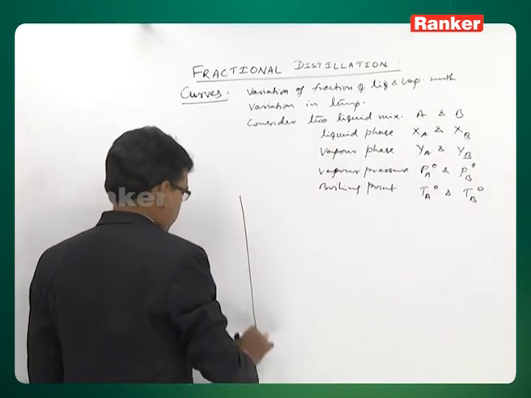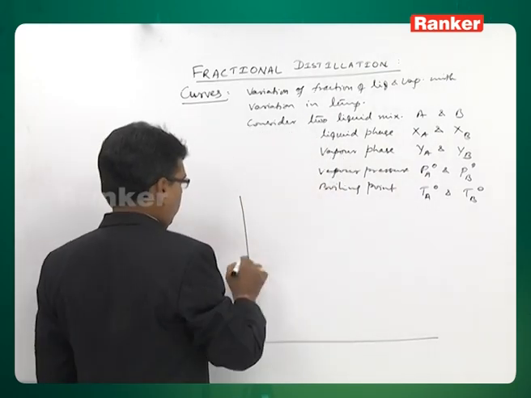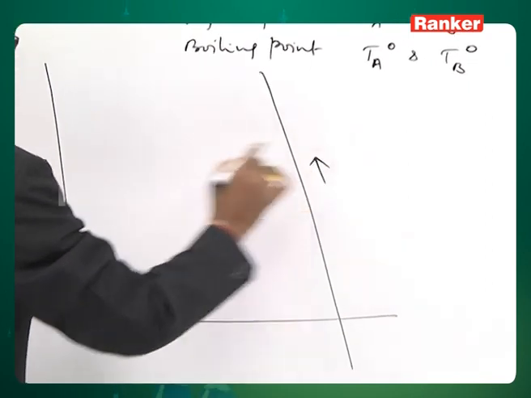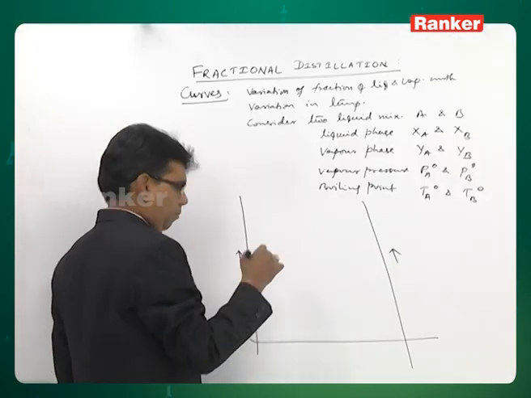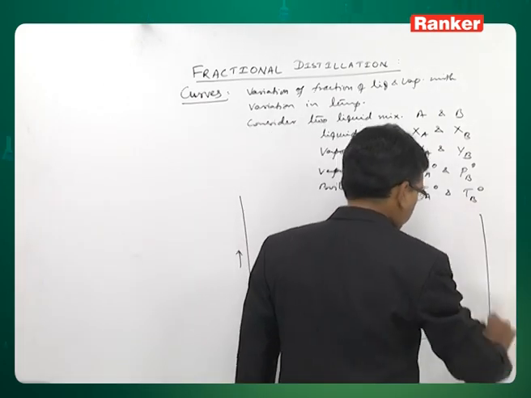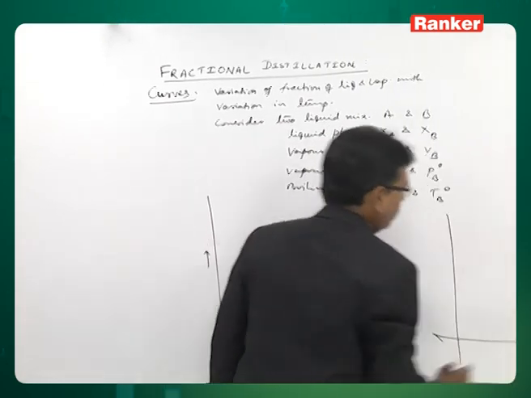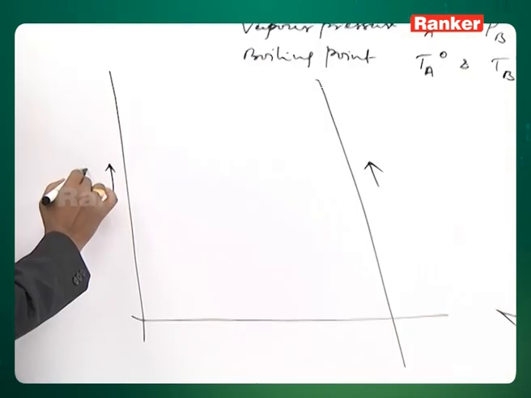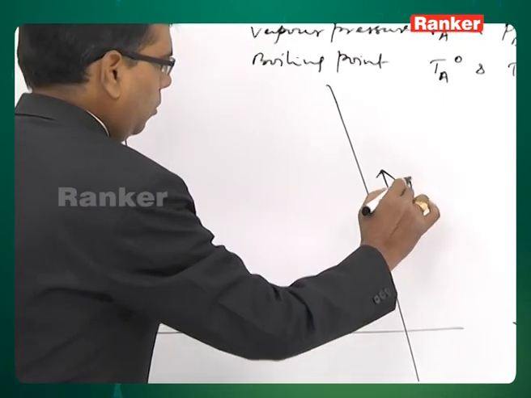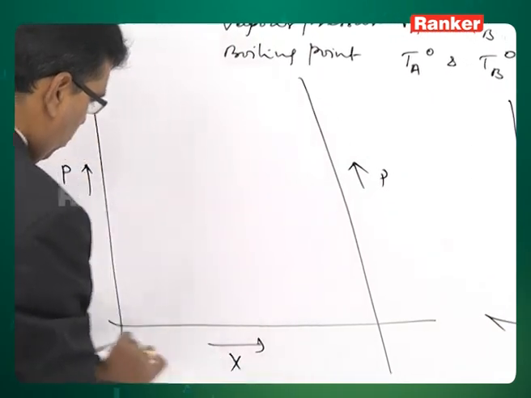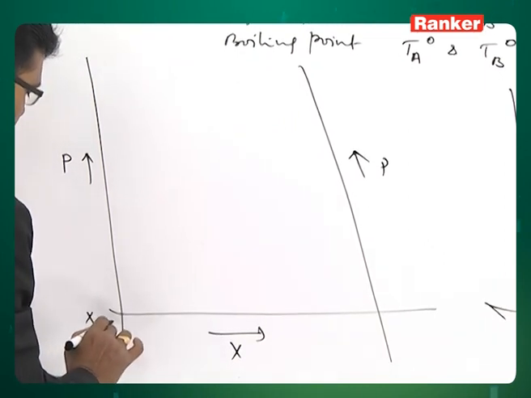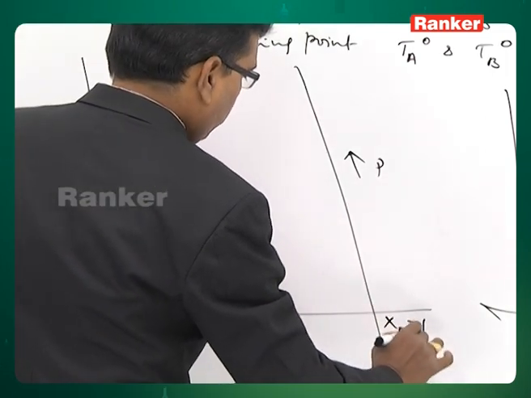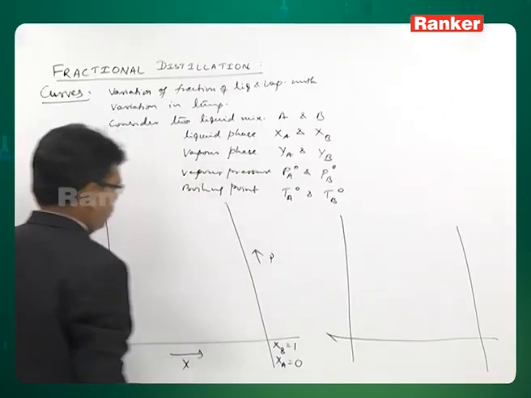Then, if you draw the graph for vapor pressure or boiling point, first let us take both the graphs. At this end, Xa is equal to 1 and Xb is equal to 0, and at the other end Xb is equal to 1 and Xa is equal to 0.